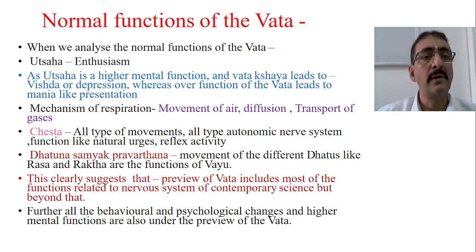Everything is because of Vata, and that is mentioned as Chesta. Dhatunam Samyak Pravartana is one more function of the Vata. Movement of the different dhatus like rasa and rakta are also functions of the Vayu, because circulation is the function of Vayu.